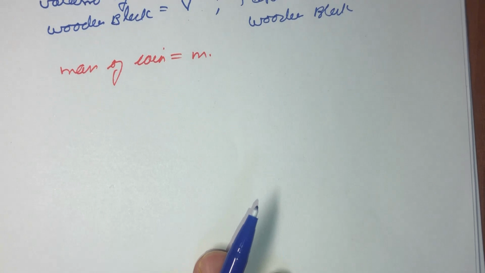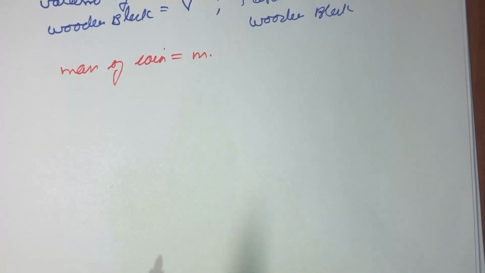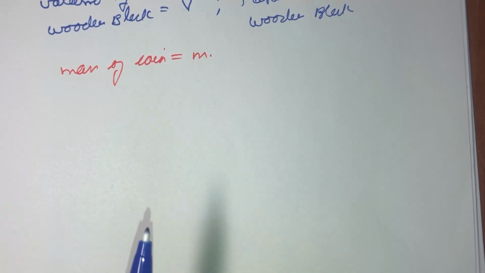In this case, as the coin and block system is floating, the entire system is in balance. Which basically means the buoyant force, which will be acting in the upward direction, will be balanced by the weight of the coin as well as the block, which will be acting in the downward direction.